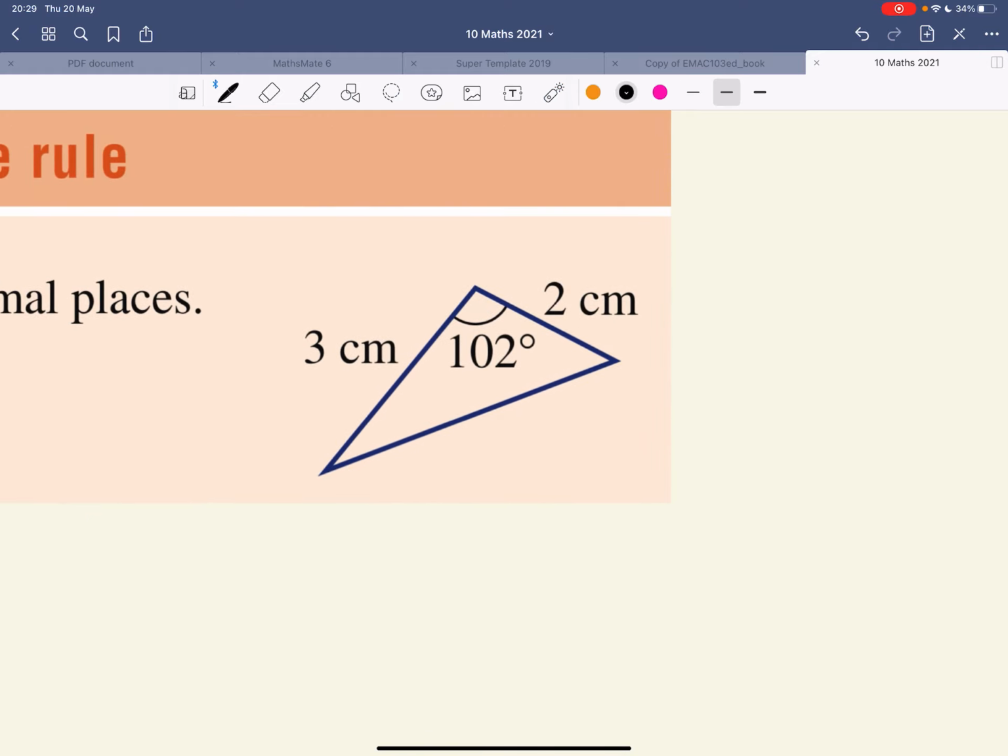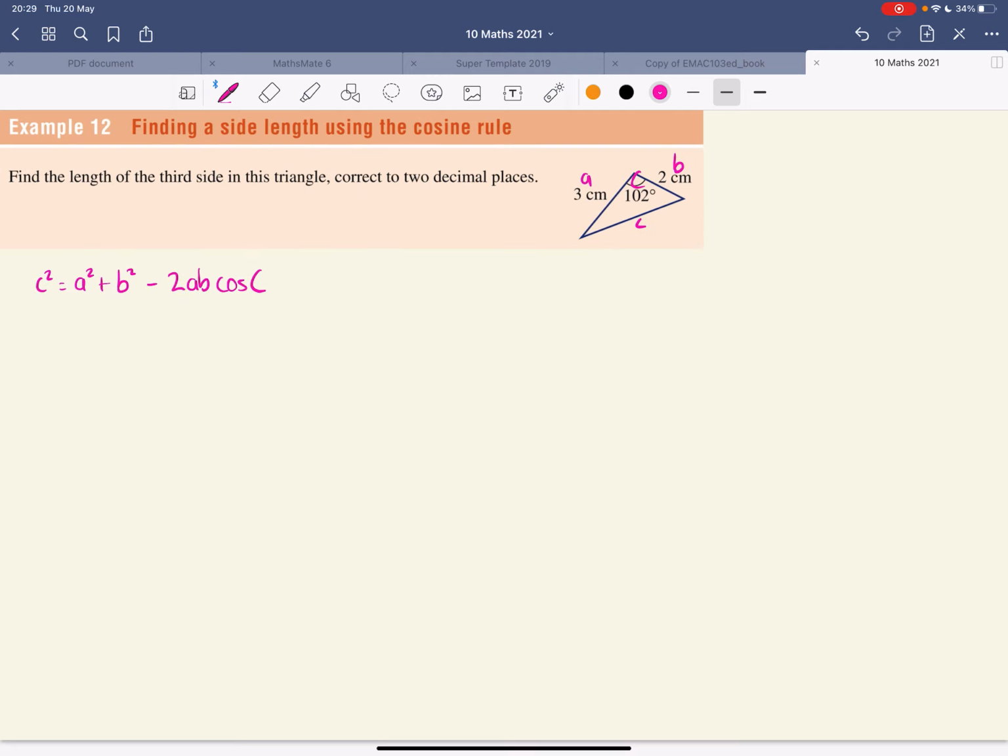Remember these will be capital letters, and lowercase letters are assigned to sides. Our 102 would be a big C, and so the opposite side will be C, which we're not too concerned with here.